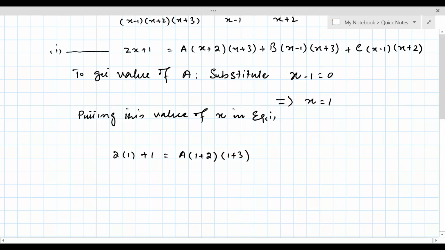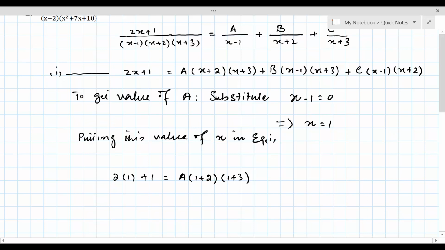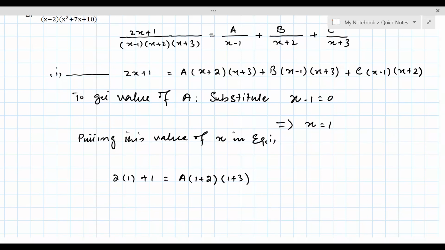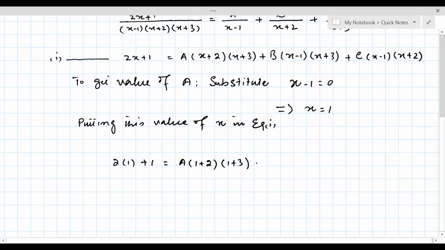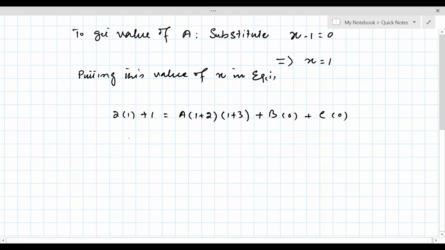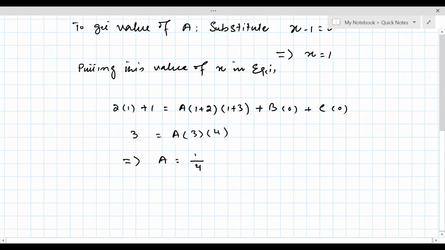Everything else will become 0 because x minus 1 is present in B, it is present in C as well. So plus B times 0 plus C times 0. So this gives us 3 on this side equal to A into 3 into 4. So the value of A will become equal to 1 over 4. So we have the value of A.